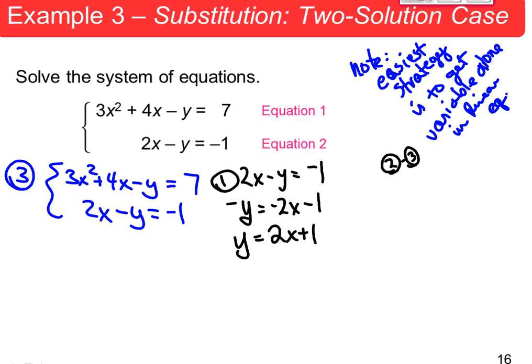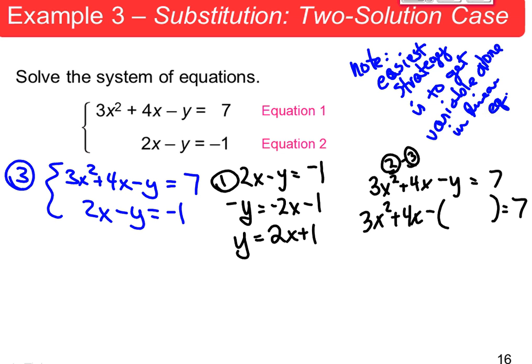Now I'm going to take that first equation, which is 3x squared plus 4x minus y equals 7. 3x squared plus 4x minus, and then I'll put that stuff in parentheses, equals 7. So now I'm going to distribute or put in this 2x plus 1. And notice how I'm doing that. I'm intentionally waiting to write it in a different color, but I'm also putting a parenthesis around that to just make sure that I'm doing what I need to do as I go through.